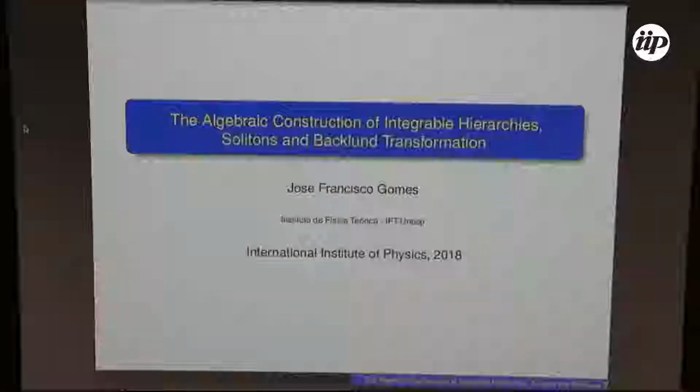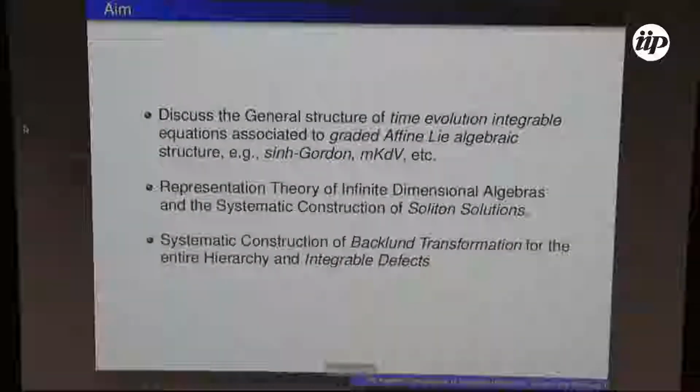So I have divided this talk into 3 blocks. In the first block, I'll discuss how to construct in a systematic manner a hierarchy of nonlinear equations of motion. They are all integrable. They all share the same conservation laws, which are interpreted as Hamiltonians of these evolution equations.